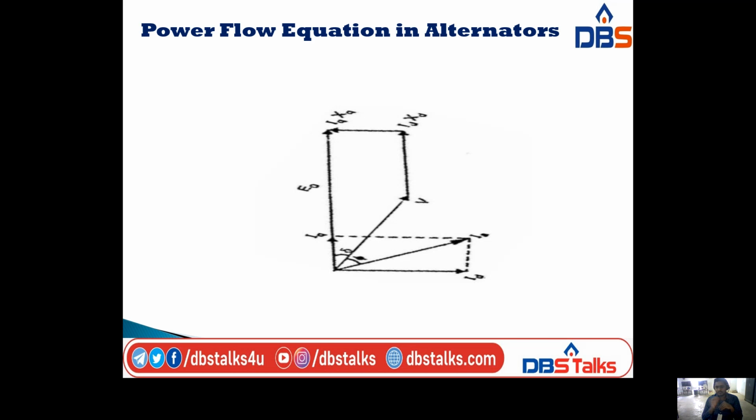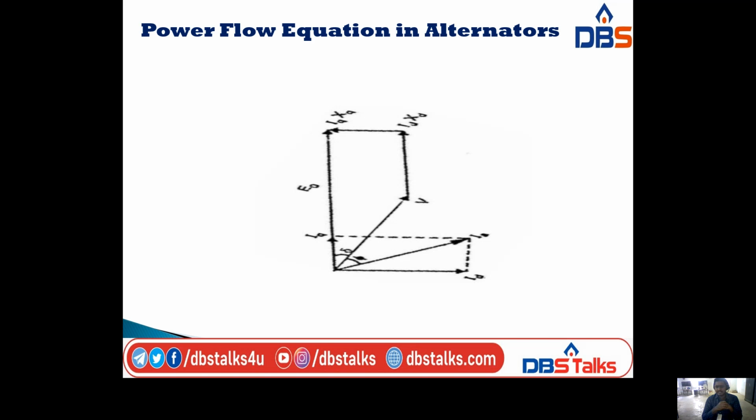Here I have firstly drawn the IA line. This IA line and V line are in the leading condition, that is IA leads the voltage at an angle phi. After that we draw the lines IQ and ID.